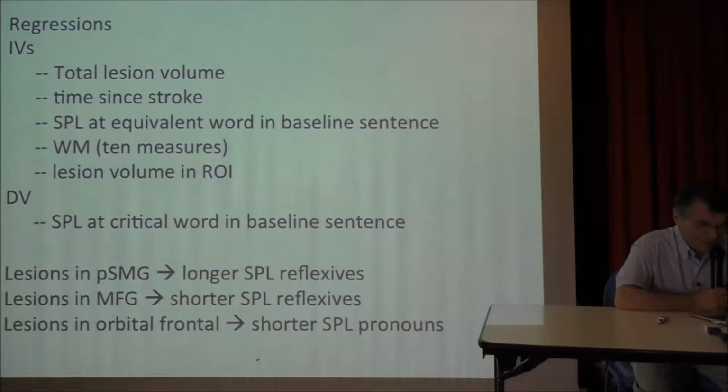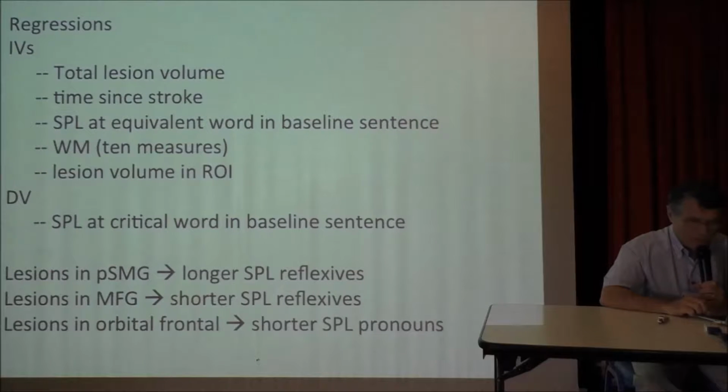I can talk to you about excessively short listening times in self-paced listening later, but I will just point out that you can get pathologically reduced self-paced listening times associated with abnormally high error rates, and I think that that's a control problem where people truncate the processing of the sentence at that point for some reason, probably having to do with the short-term memory demands of the self-paced listening task, and they make a poor choice, and then they wind up not understanding the sentence.